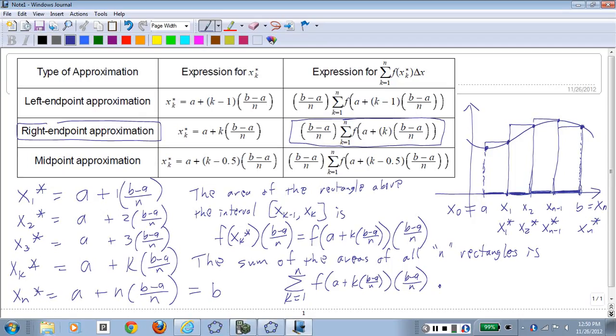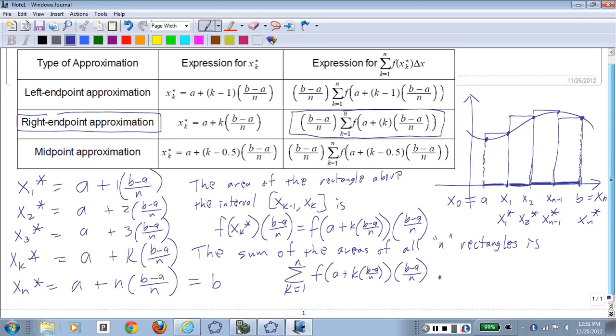Say if on the review it's the function x squared plus 5x plus 10, you can just type that in. And if on the test it's a different function, all you'd have to change is the function itself, maybe the left and right hand endpoints, and the number of intervals. Each of these things can be changed, but you can have it programmed ahead of time. All I would ask is that you write down on the test the expression that you typed into the calculator. We'll see what that looks like.